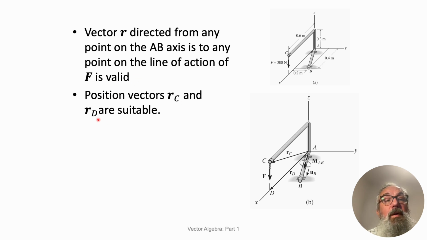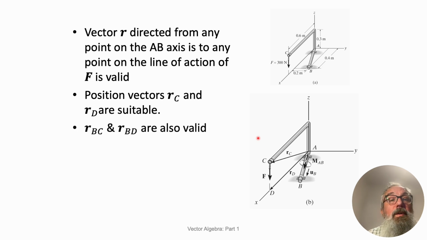Position vectors RC and RD are suitable, and we've shown them here. RC or RD, sorry. RC to me would be the most sensible, most obvious, because it's going through the point of action of the force and the centre of the coordinate system.